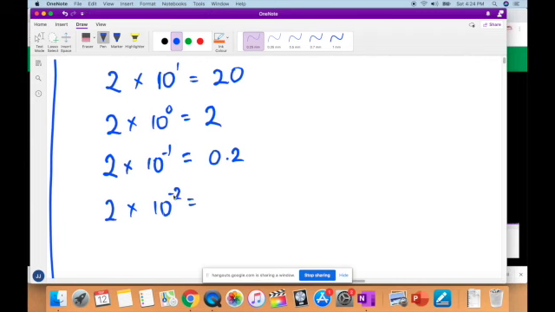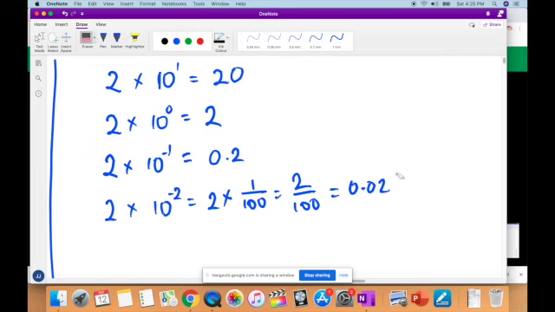What is 10 to the power of negative 2 as a fraction? Right. So this is 2 divided by 100, which is what? 0.02.